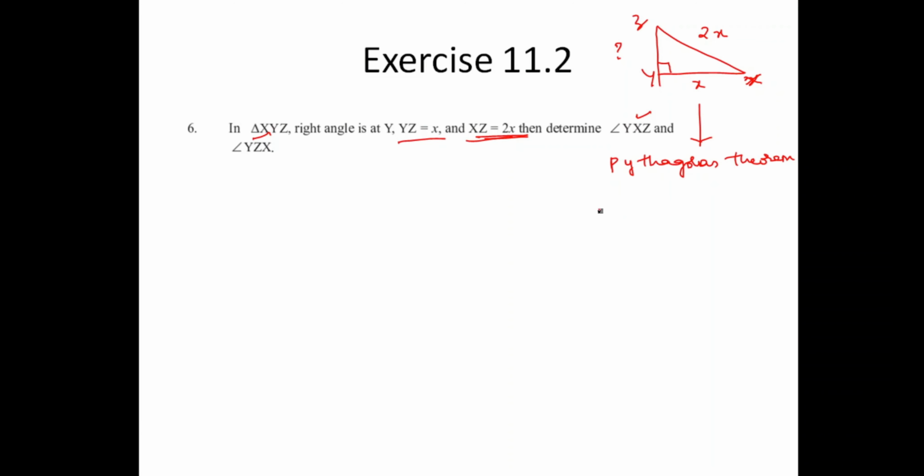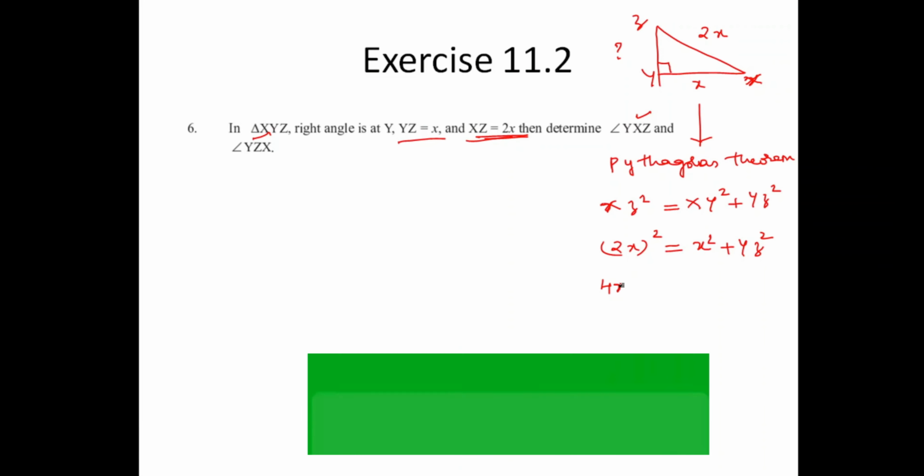As per this theorem, for the above triangle, XZ, that's your hypotenuse, squared is equal to the sum of the squares of the other two sides. I'm just substituting the values: 2x square is equal to x square plus YZ square.